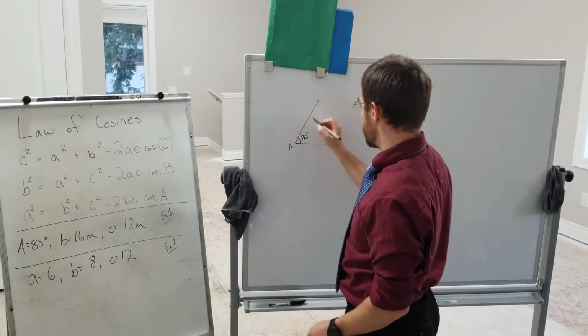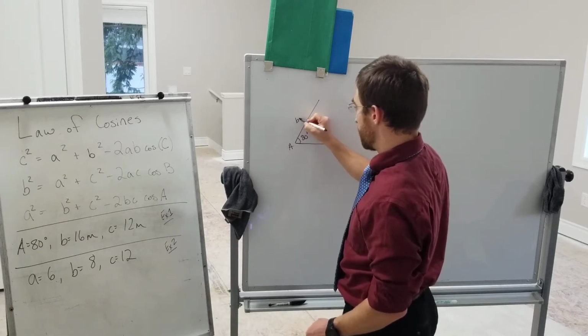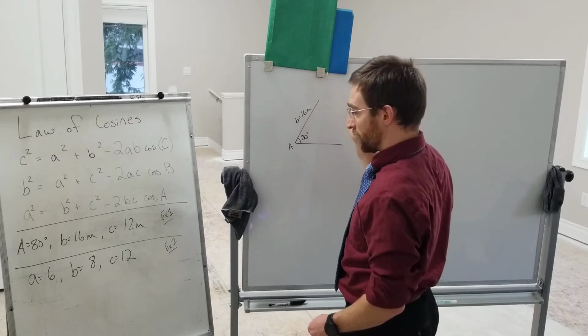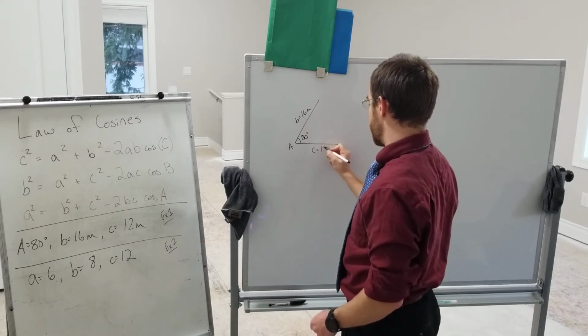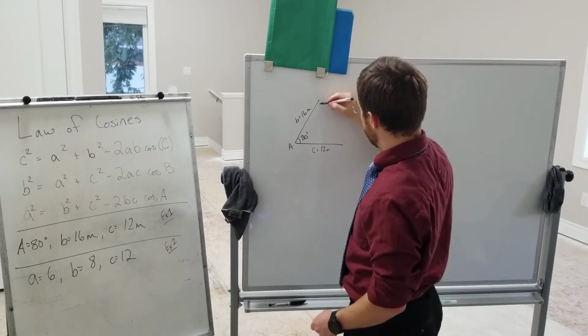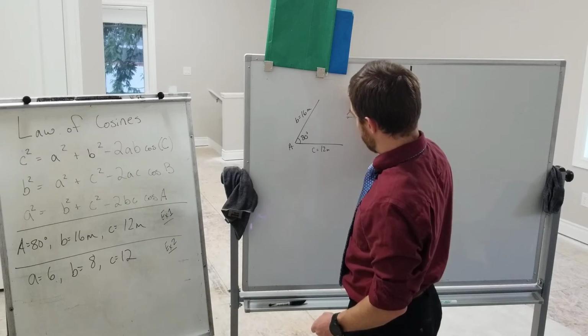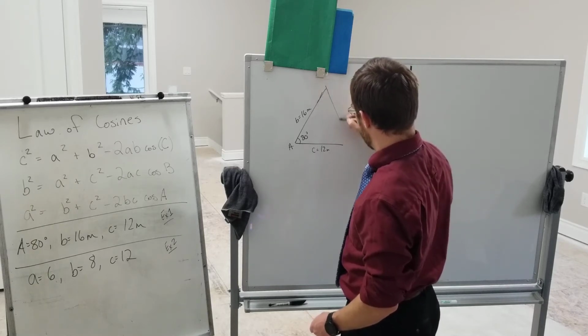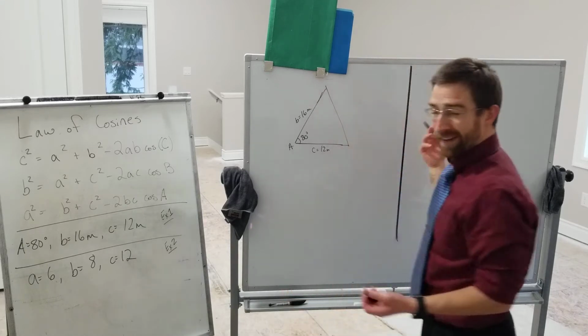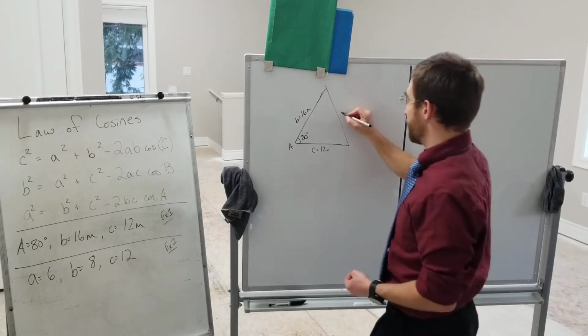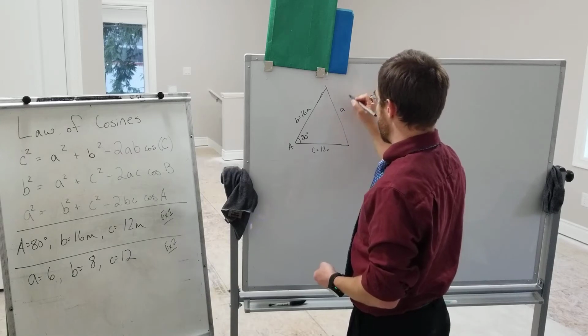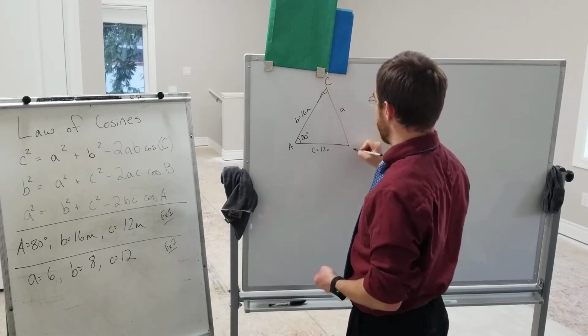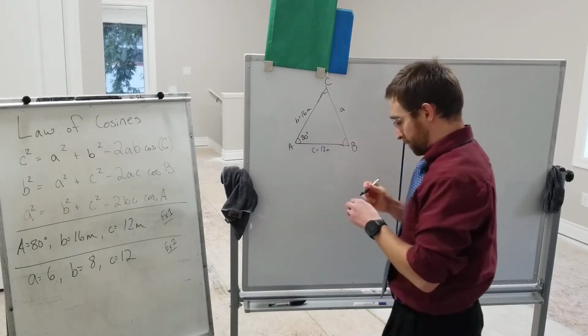B equals 16 meters. C equals 12 meters. I don't know what it's going to look like. So this is going to be side A over here. This is angle C. This is angle B.